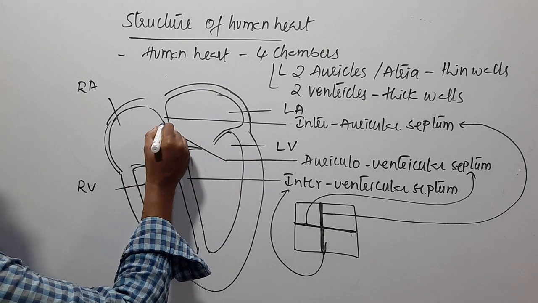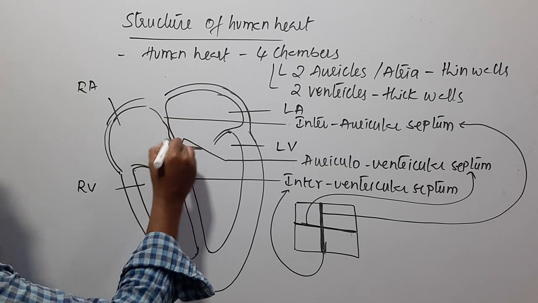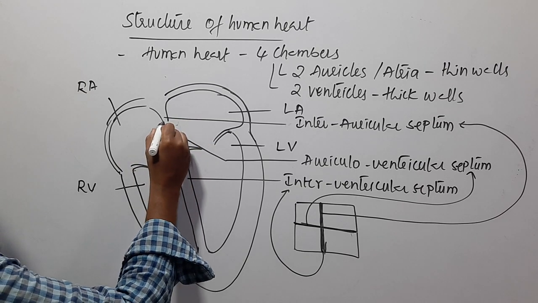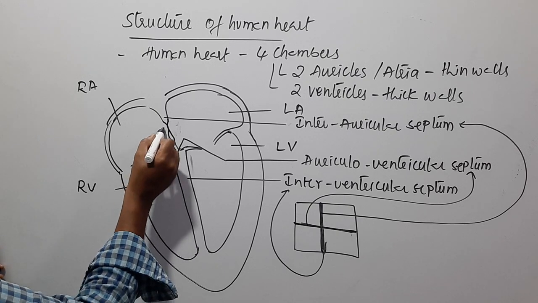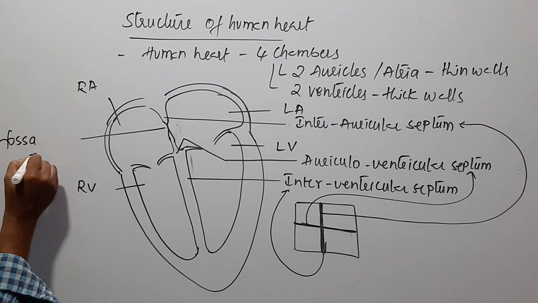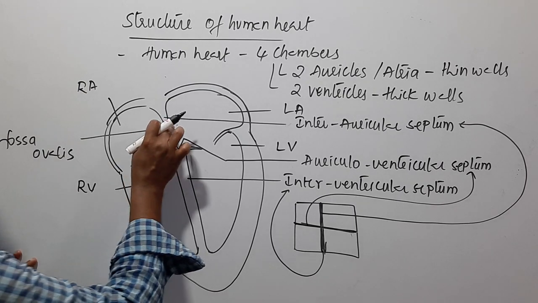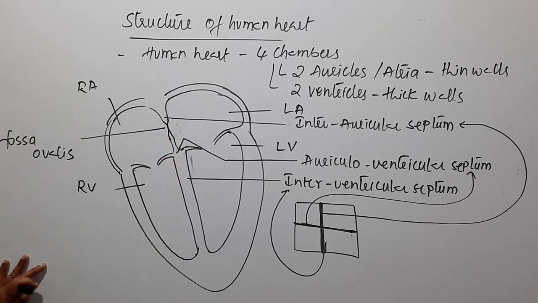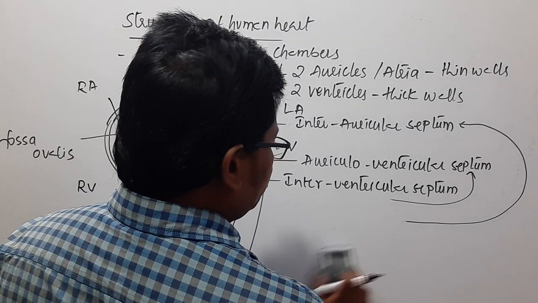Now on this interauricular septum, you may find a small depression, and this is what we call the fossa ovalis. In the embryonic stages, this is actually a hole, and that hole is what we call the foramen ovale, which I'll mention here.